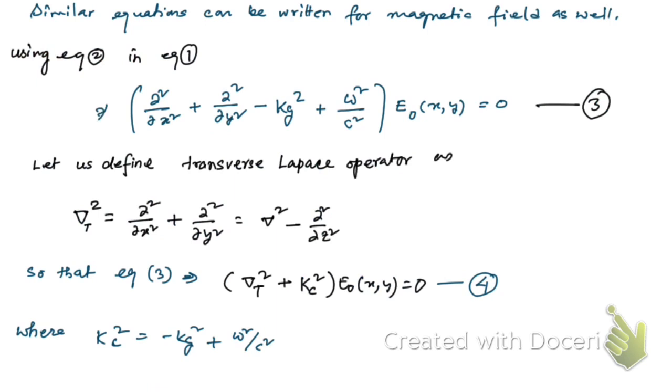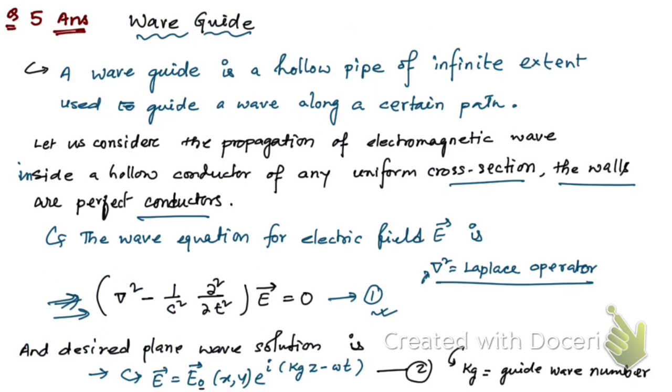What we have done here, let me tell you. Del square here means del square by del x square plus del square by del y square plus del square by del z square.